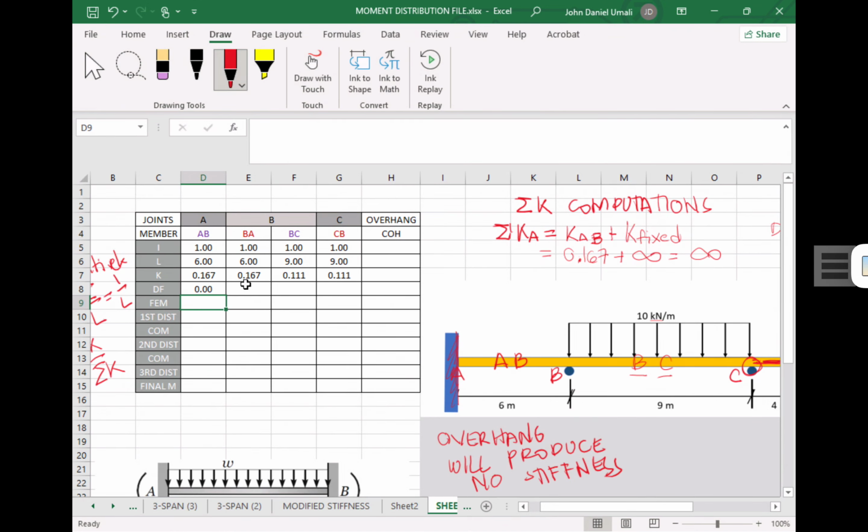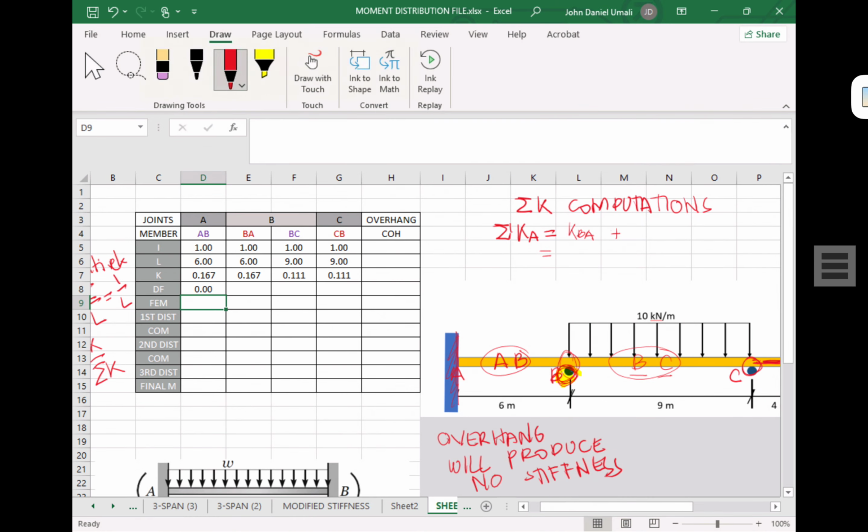Next is KBA. That is KBA plus, ano ba yung mga connected na members sa joint B? Si BA, si BC, and yung roller.